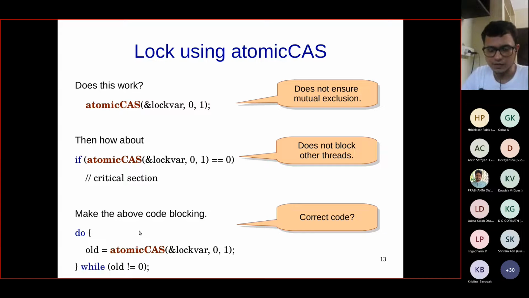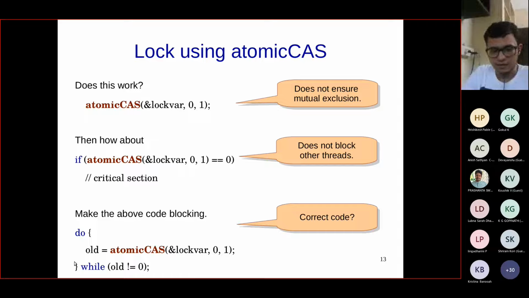Let us say there were multiple threads executing and willing to enter into the critical section. lock_var was initially 0. So one of the threads will see lock_var as 0, compare 0 with 0, and set it to 1. Since the old value of lock_var was 0, old will have 0, and old is equal to 0, so it will enter the critical section.